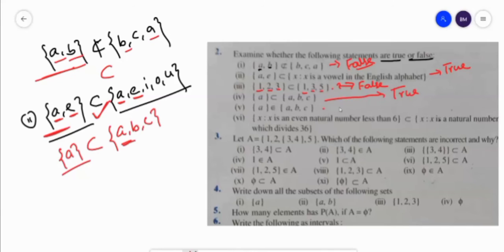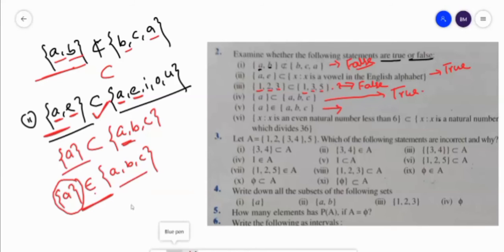Number 5, it is given {A} belongs to {A, B, C}. Now be careful about this one. This is the belongs-to sign, not the subset sign. Now {A} is not an element, this is a set. We generally write some element belongs to this set.